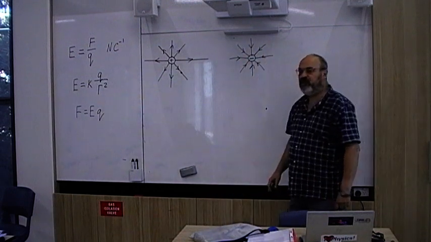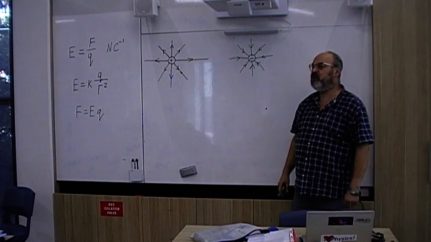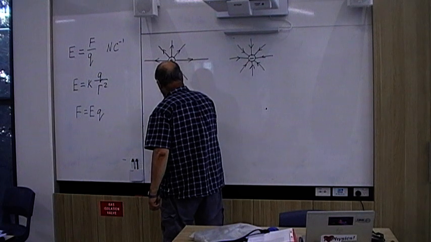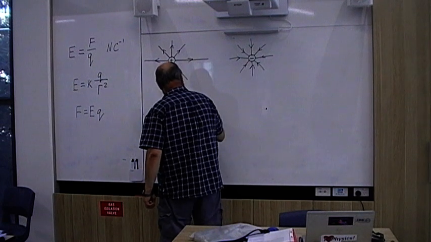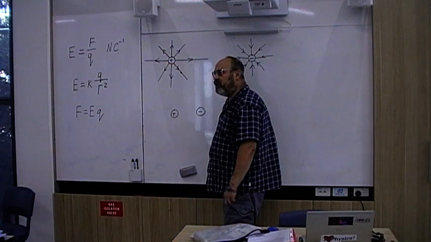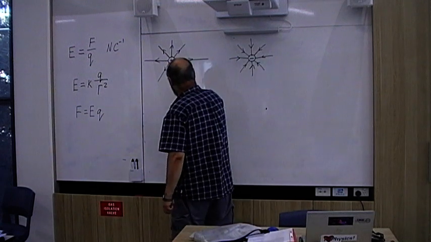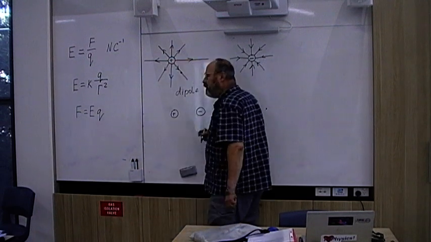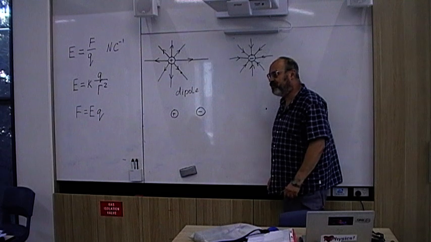What if we have two charges, one positive, one negative? That is called a dipole. This arrangement, if we have two charges, one positive, one negative, is called a dipole. And that's what we have in many chemical substances.